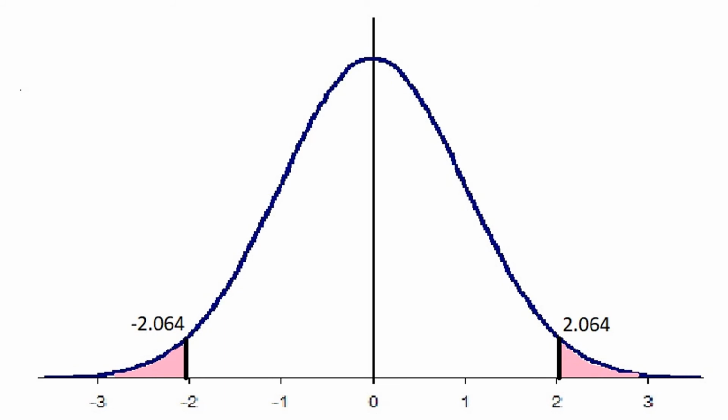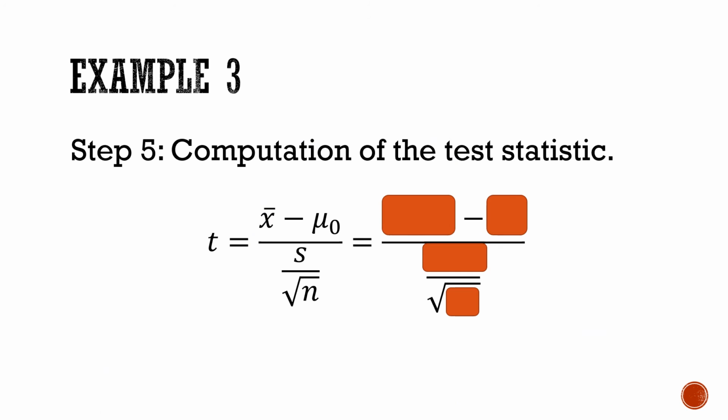If the value of t falls under this white portion, therefore we're not going to reject. But if it falls under the pink portion, the rejection region, we are to reject the null hypothesis. So let us compute the value of t.